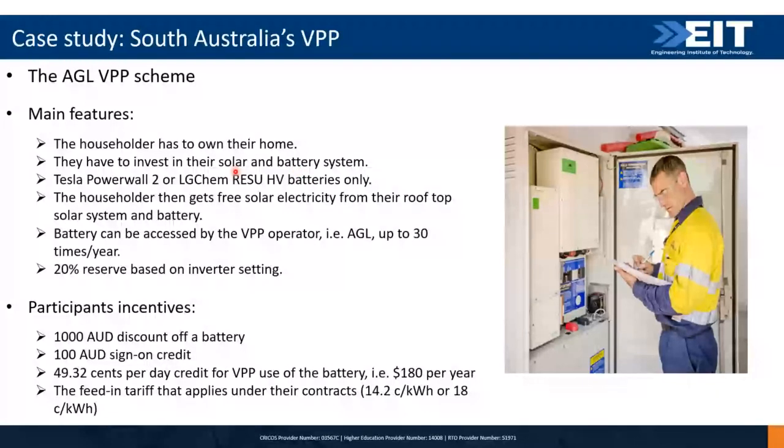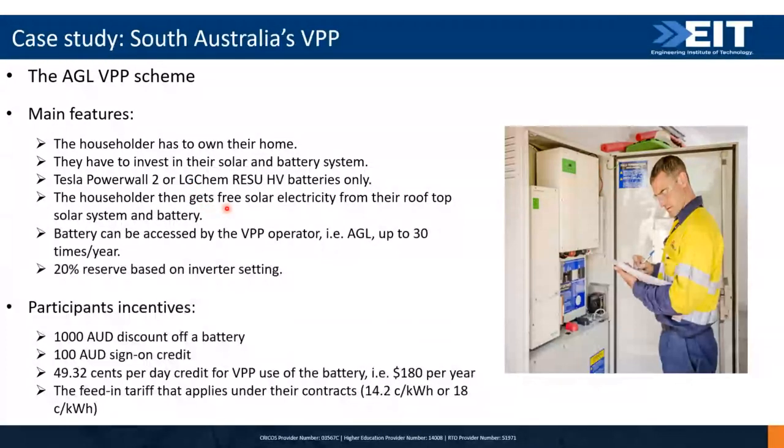The types of battery accepted by the AGL VPP program are the Tesla Powerwall and the LG battery. So these 2 models are supported. The electricity that the householder gets from the solar panel and from the battery is free of charge.